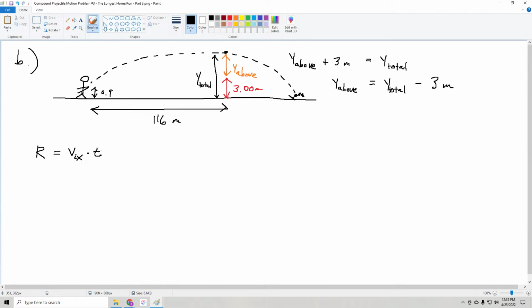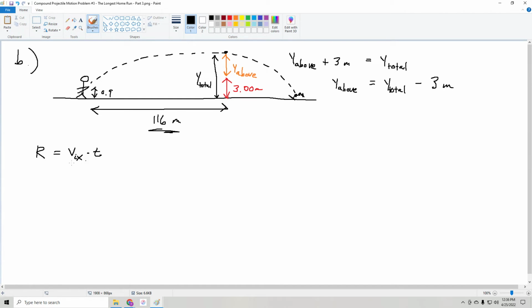And since we know what the initial speed is, we solved that from part A, and since we know what this range is, 116 meters, we can solve for the amount of time it takes this ball to reach 116 meters away. That's the first part. And then once we know that time, we can plug that into a position equation and then find out what y total is. But let's do this one step at a time.